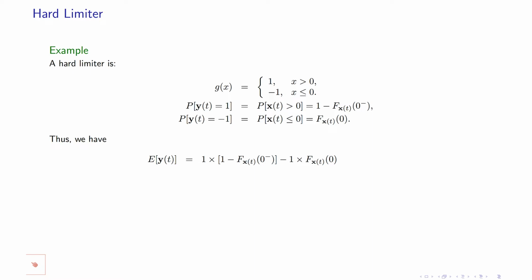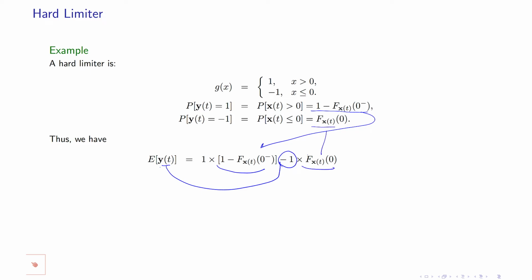If you want to calculate the mean of y of t, it can take only two values. The first value that y can take is 1, times its probability, which is calculated here. And the other value that y of t can take on is minus 1, times its probability, which is calculated here.